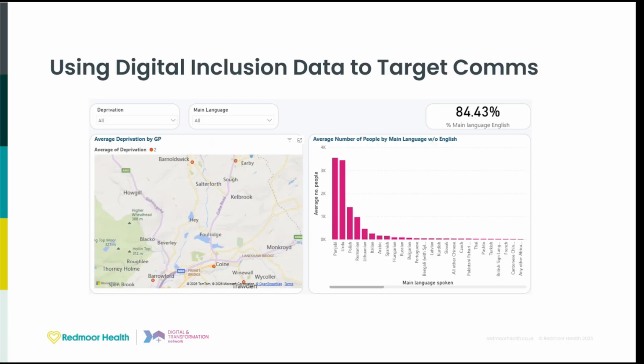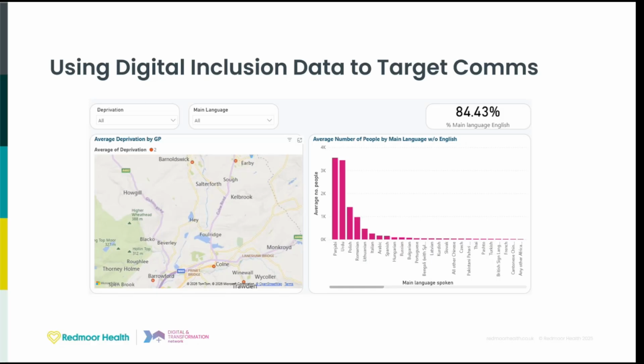And our digital inclusion data helps practices, PCNs, and systems understand who their patients are and how they're most likely to engage. So rather than a single approach for everyone, it allows communications to be shaped around local population need. In this example, the average level of deprivation across the PCN is relatively low.